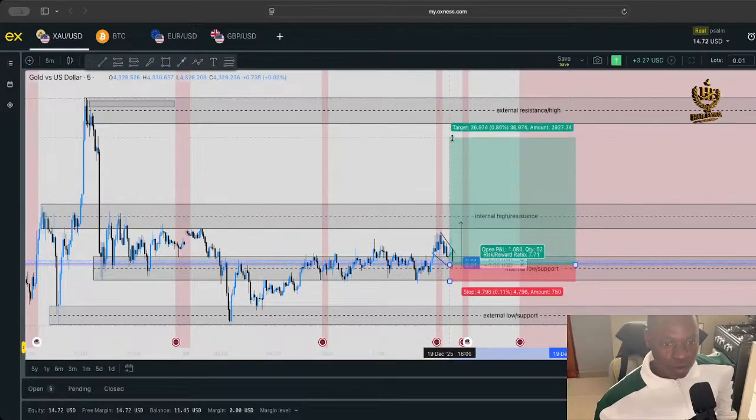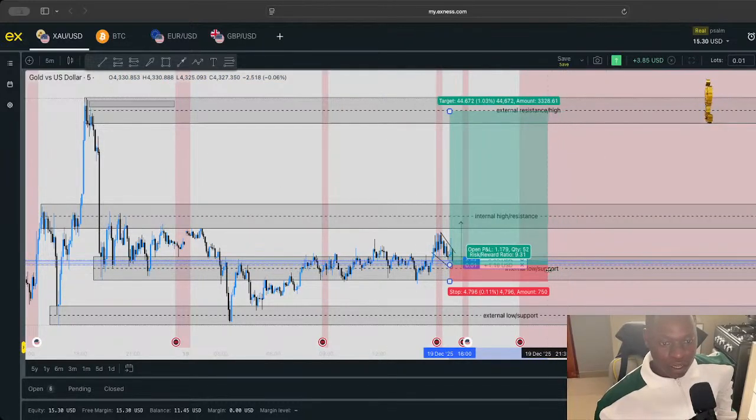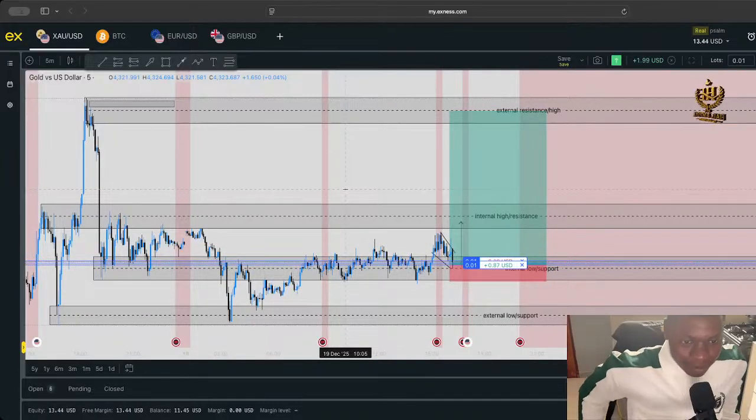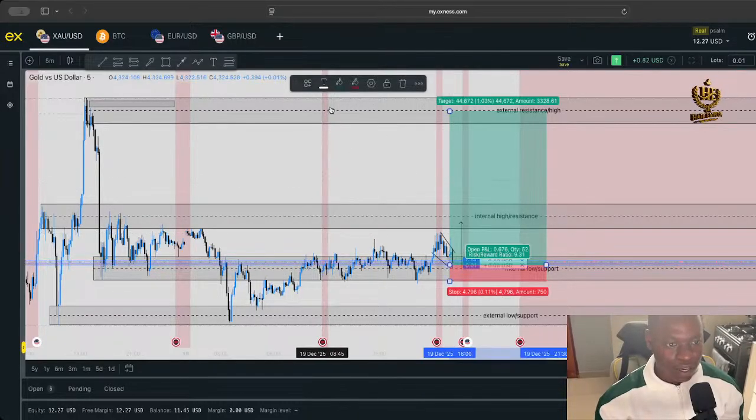And you might also extend it to that high, because we might see it breaking that level and heading to the upside. And we are inside. We have bought. Let's see how it reacts from that level.